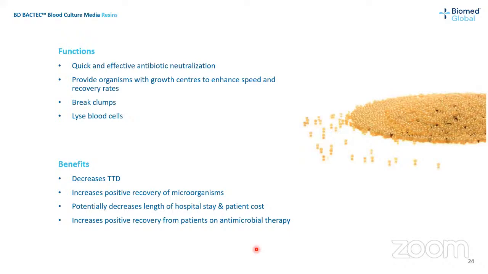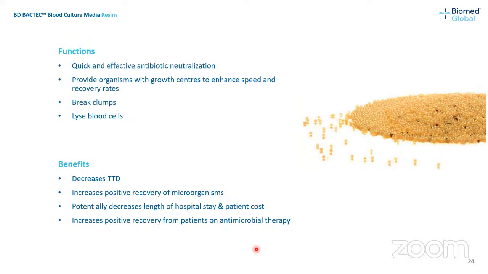Okay, so besides that, the resin media also provides the organisms with growth centers to enhance the speed and recovery rates, whilst also helping to break small blood clumps inside the bottle, as well as to lyse the blood cells. All right, so the benefit of this would be to provide decreased time to detection, meaning that you would get a faster positive result.